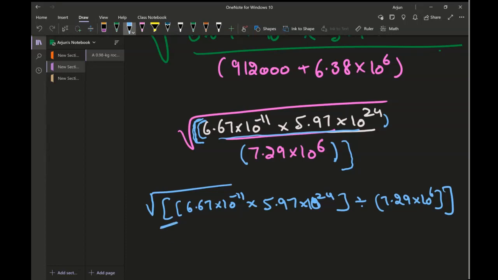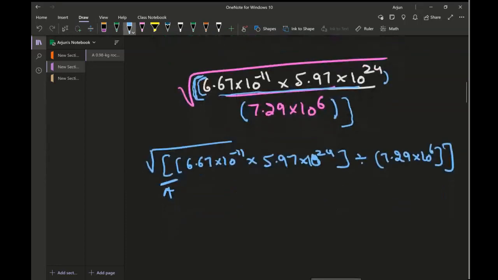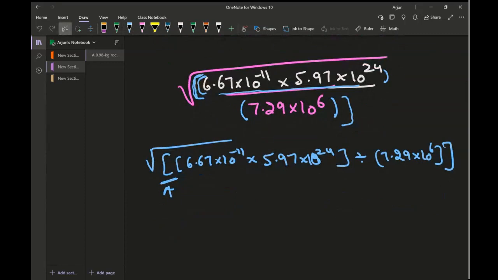If your calculator doesn't start automatically, this bracket does. As I told you, you have to use the two brackets, and your final answer will be 7.39 times 10 raised to the power 3. 7.39 times 10 raised to the power 3, that will be the speed, meters per second.